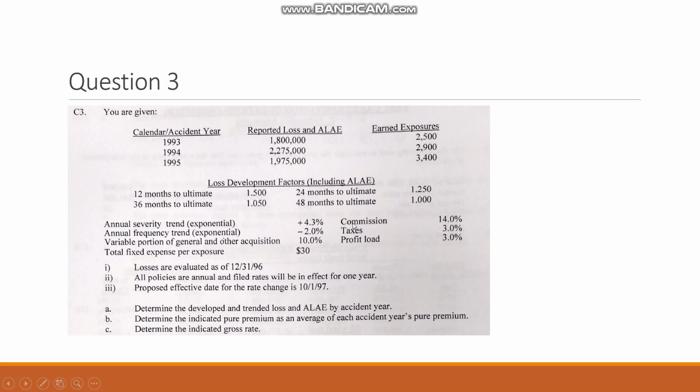So for question 3, this is the C3 sample question. Let's see problem A. We need to determine the developed and trended loss and the ALAE by accident year.